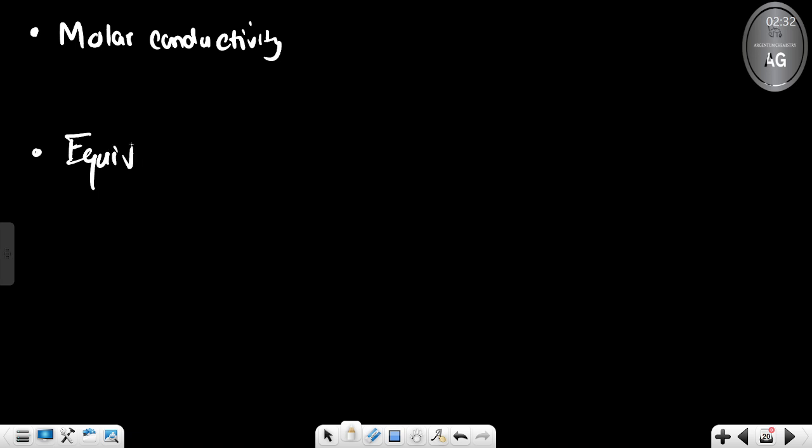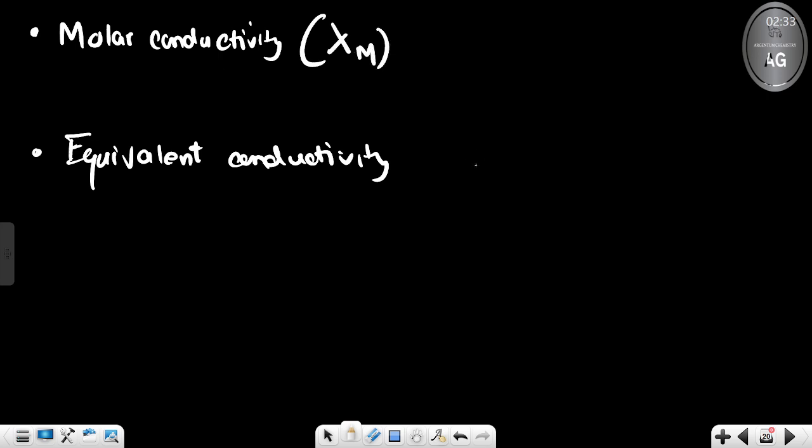I'm telling you the two terms together, as you will find it very easy to understand. You just have to understand the concept, then interpret it from the given question. Molar conductivity is represented by lambda m and equivalent conductivity by lambda n. Clear? Simply lambda m and lambda n.